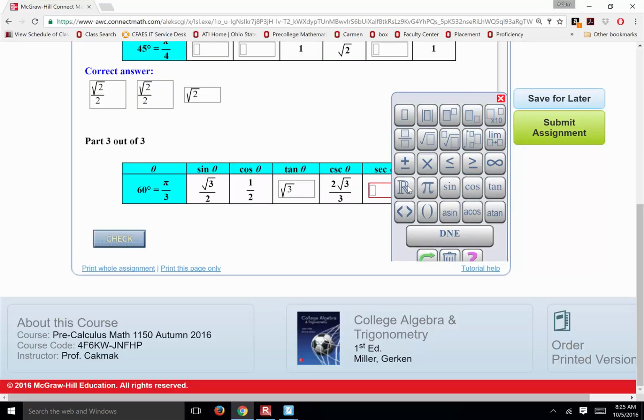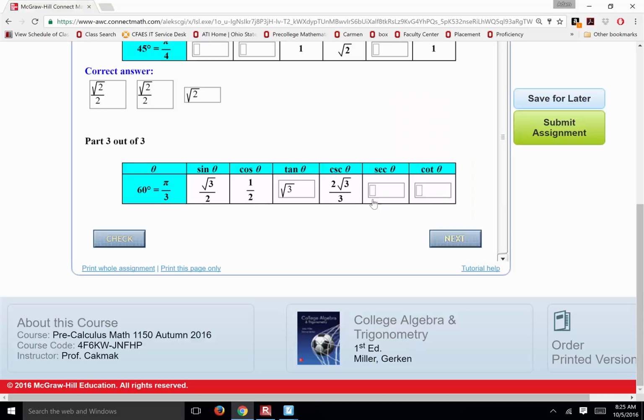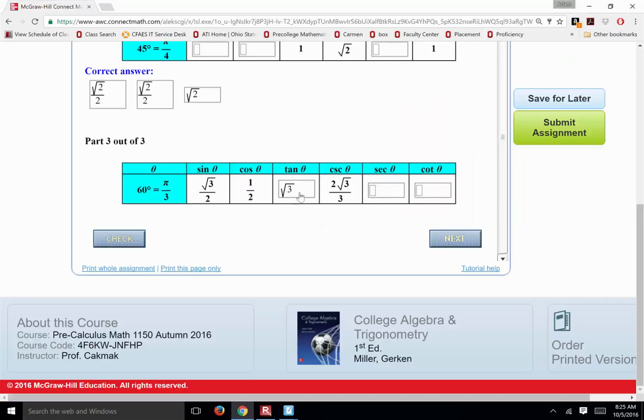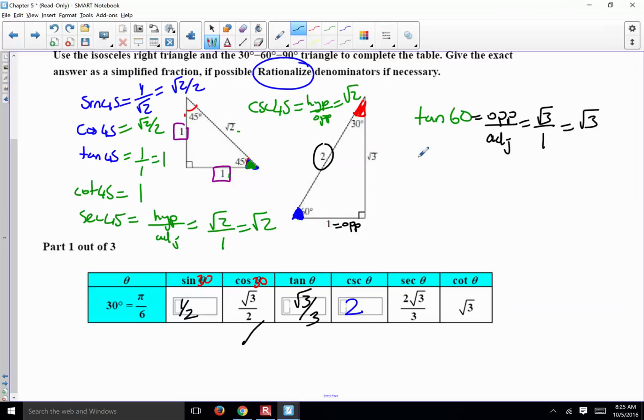Secant is asked. Secant and cotangent. By the way, cotangent will be opposite of tangent. You flip this. Let's do cotangent first. You flip adjacent and opposite. In other words, 1 over root 3, which is root 3 over 3 when you rationalize.